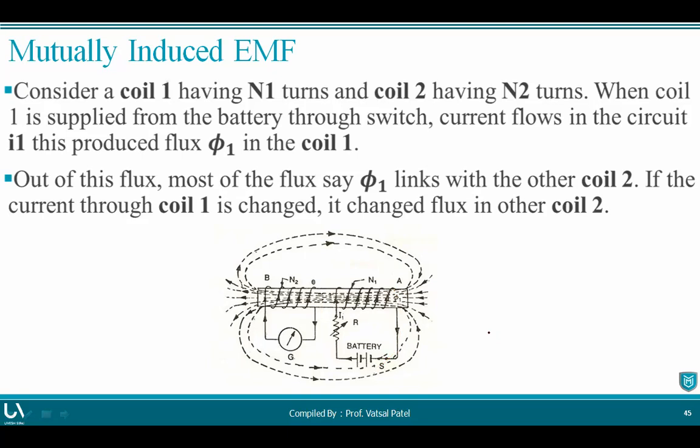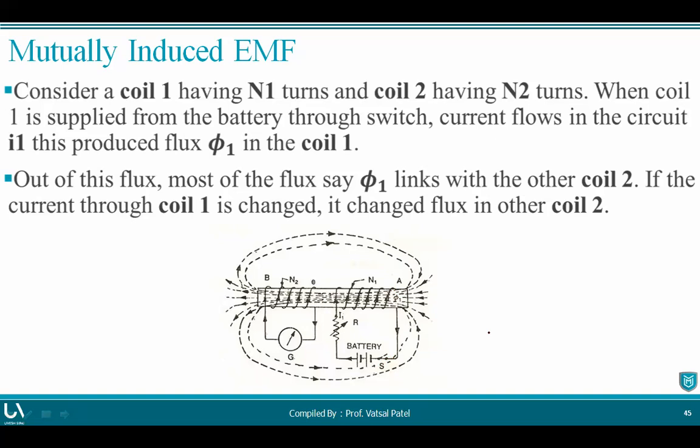Out of this flux, most of the flux phi 1 is linked with the other coil also. And if the current through coil 1 is changed, it changes the flux in the other coil also. So it totally depends upon how much current you pass through coil 1.